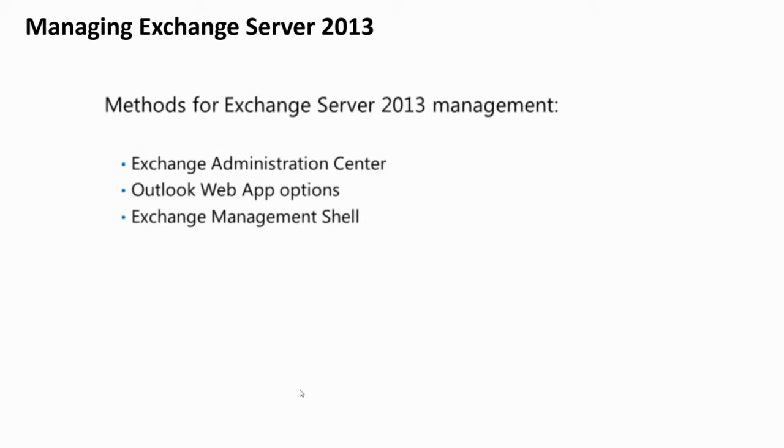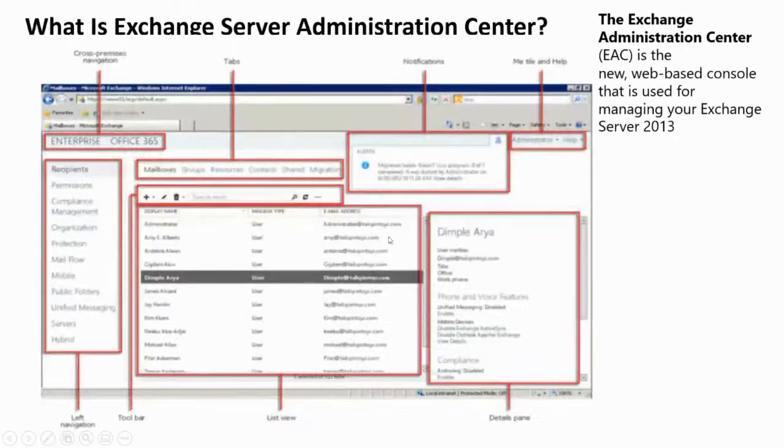So here we have the methods for Exchange Server management: Exchange Administration Center, Outlook Web options, or Exchange Management Shell. This is the Exchange Administration Center, or what we call EAC.